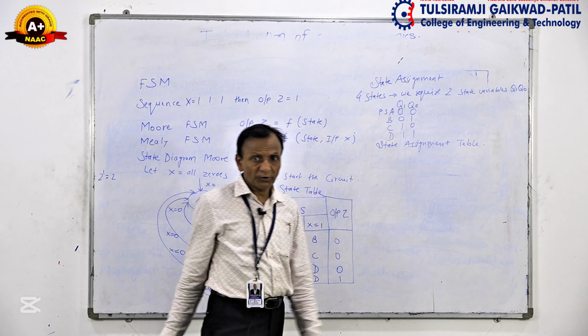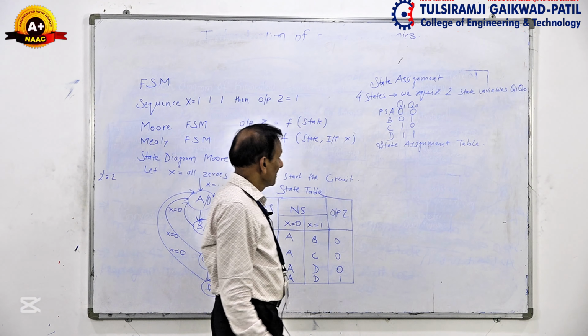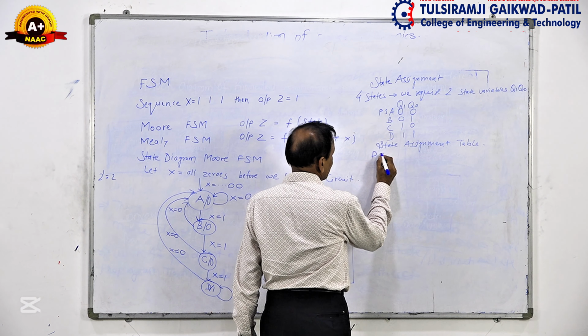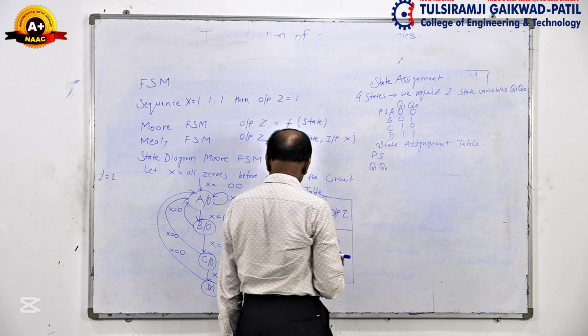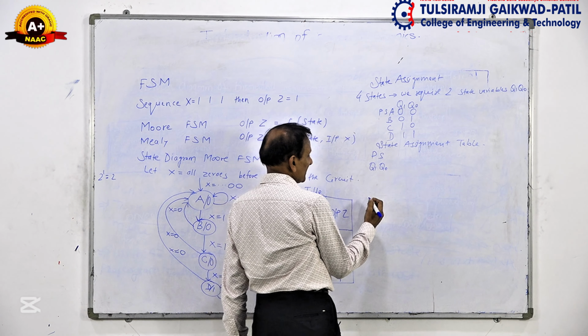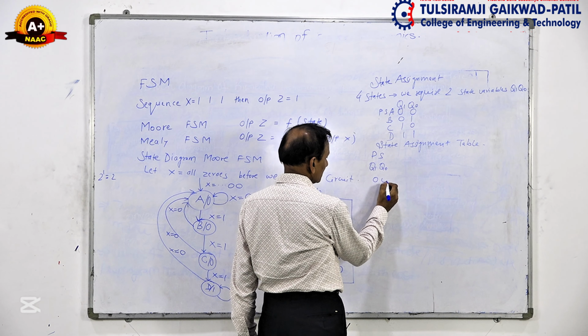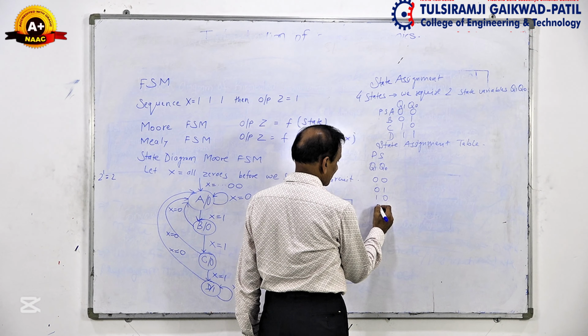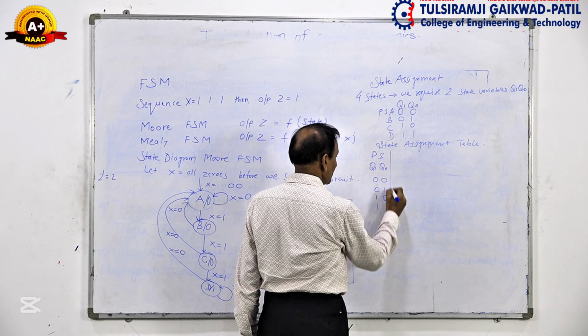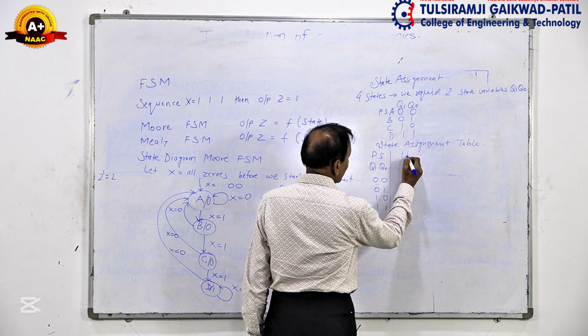I hope you are following it. Now we'll write here present state. State variables are Q1, Q0. So A, B, C, D. A is our 0 0, B is 0 1, C is 1 0, and D is 1 1. We'll write here next state.